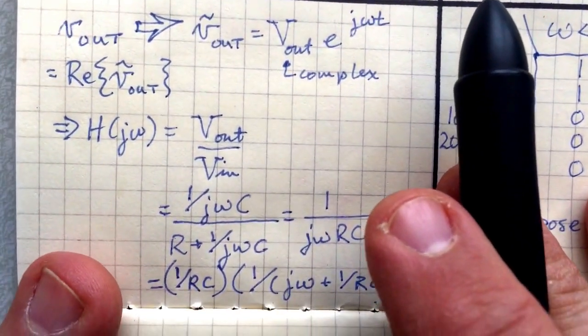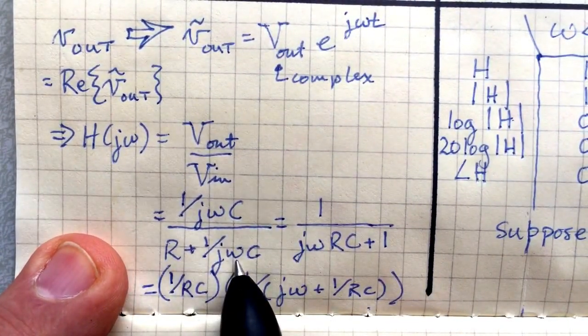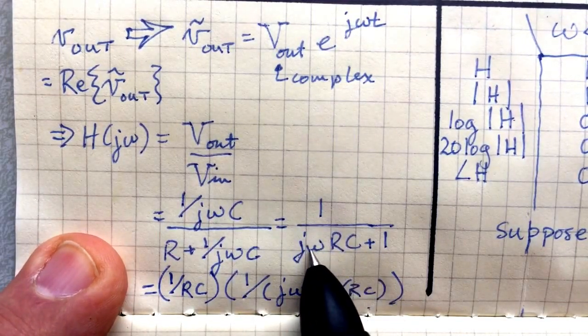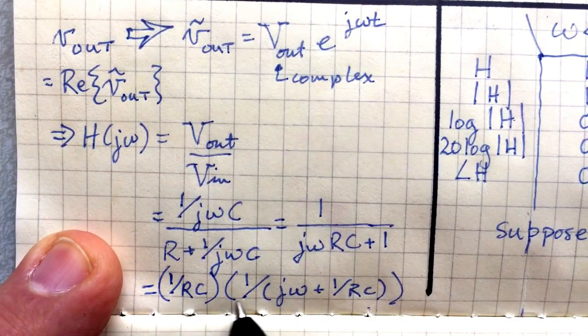So now in the impedance space, it's that 1 over j omega C impedance divided by the sum of the two impedances. We can just multiply by j omega C in the bottom and the top, and factor out the 1 over RC, and we get a form like this. This form is really important.